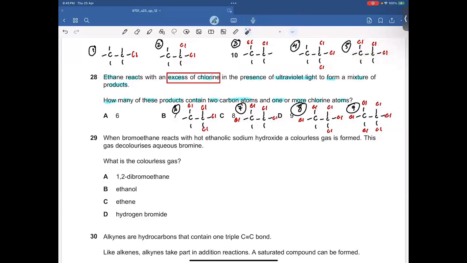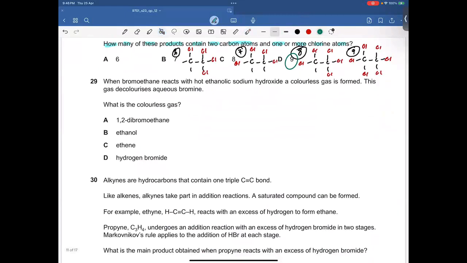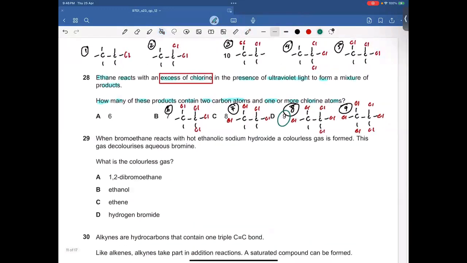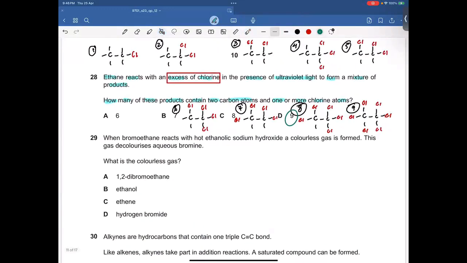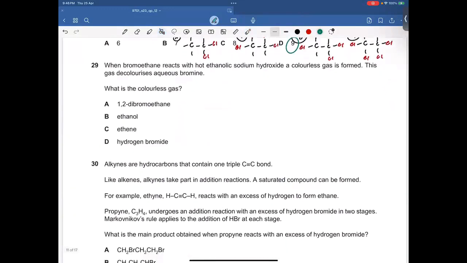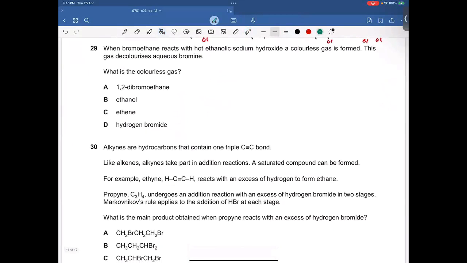So on the basis of that, I have solved this whole question, and I must say that 9 is going to be the right answer. But that's an extremely tough question, because in just 1 minute I won't be able to make such a structure in the examination hall. That's tough.